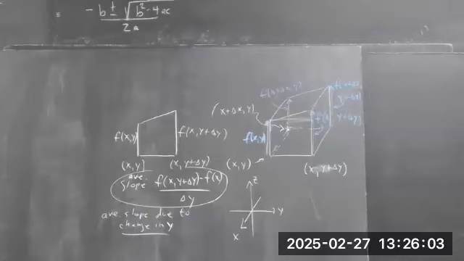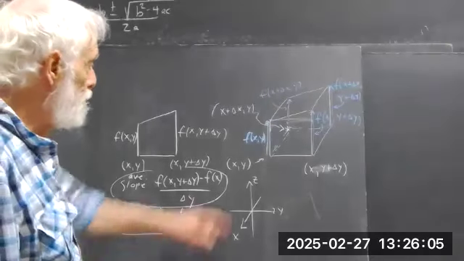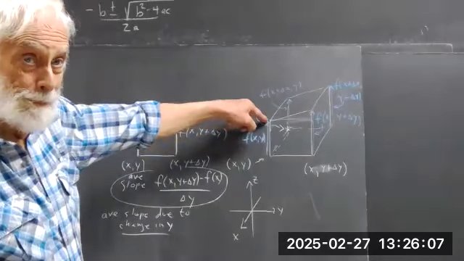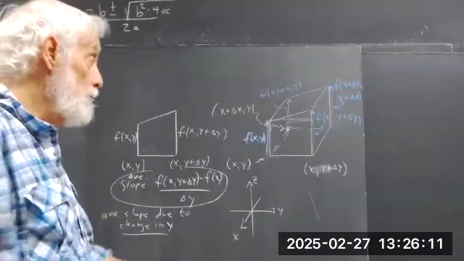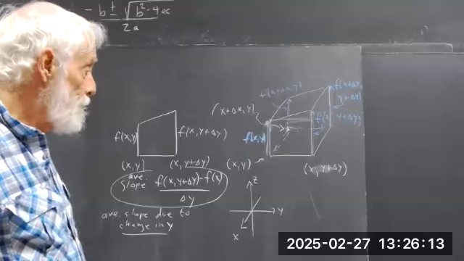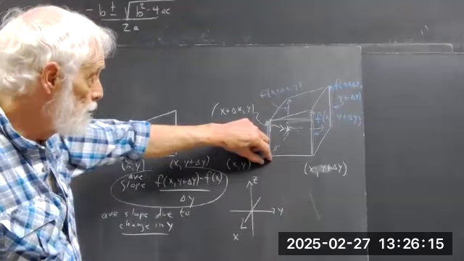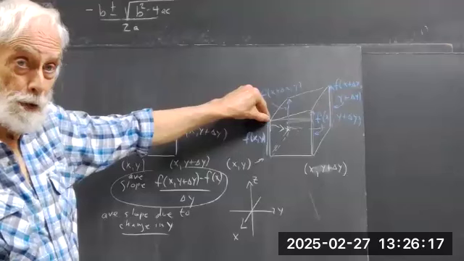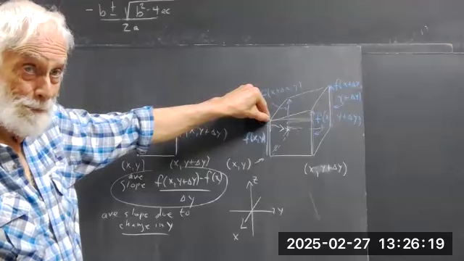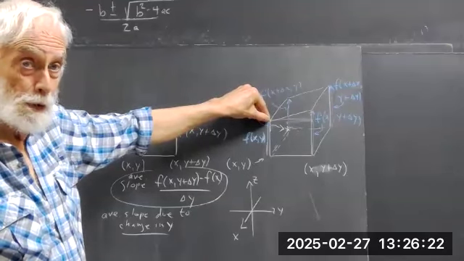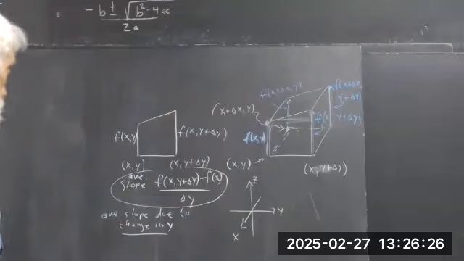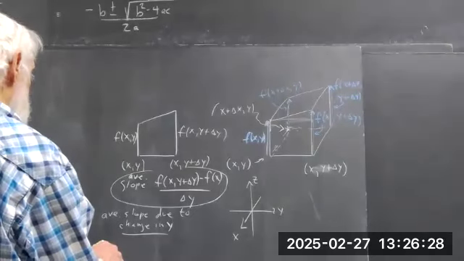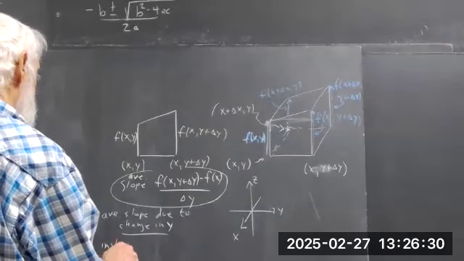Now, if the thing is curved, there's an instantaneous slope at this point. And if we have the equation of the function, we can let delta y go to 0 and take the average slope. And we get closer and closer to the instantaneous slope. So I'm just going to state this, and you can digest it.